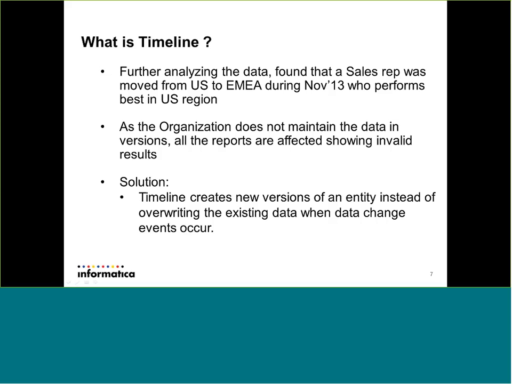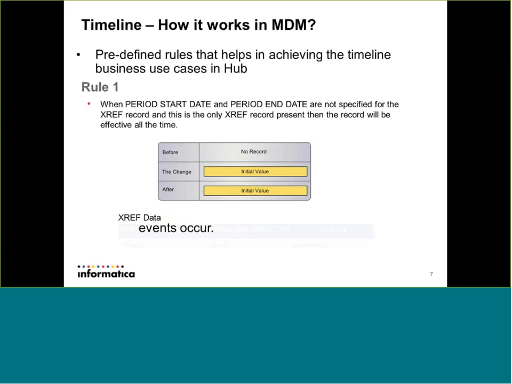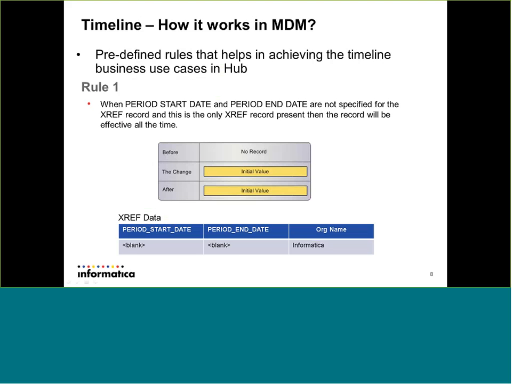So how? Okay, I hope everyone understood the real-time business use case, how it has an impact if we don't maintain versions on the day-to-day business. So how it works in MDM. As we have the impact on the real-time business, MDM also works closely with the master data of your business.